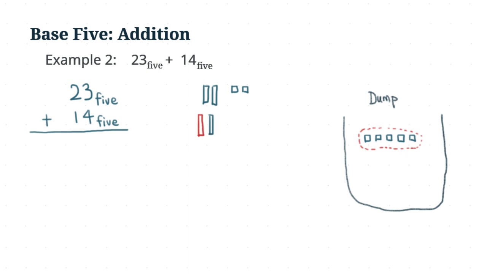And now let's actually do the calculation and see what's going on. How many units do we have left? We actually just have 2 units left. See what's going on here is that when you add the 4 to the 3, you're going to get 7 units, but because we are going to dump those 5 units and trade them in for 1 long, right? So we are going to be left with 2 units.